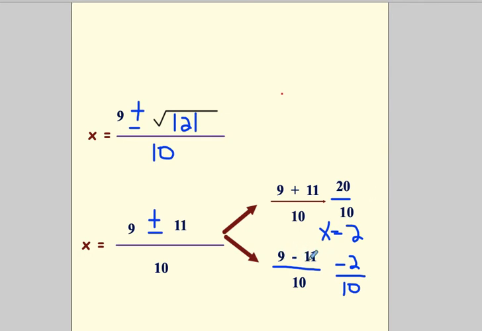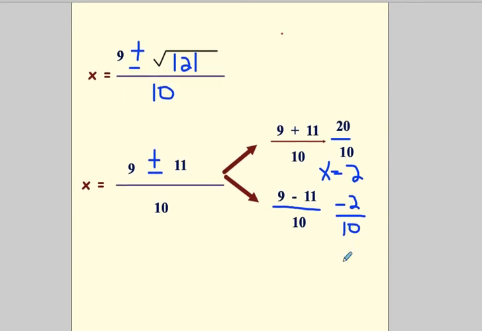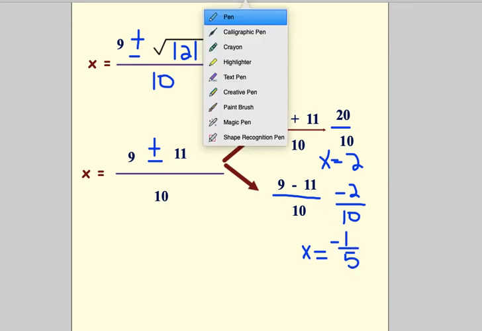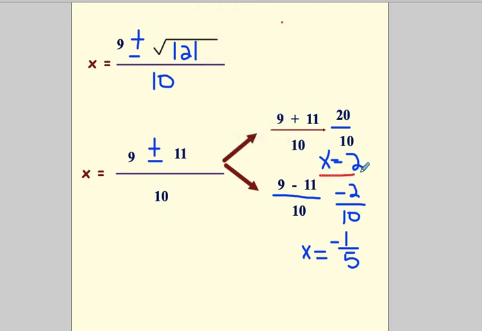And then, again, I'm going to double check, make sure I didn't make any mistakes. And so my other possibility is x equals a negative 1/5. So I have not 1, but 2 answers. One of the answers is x equals 2, and x equals a negative 1/5.